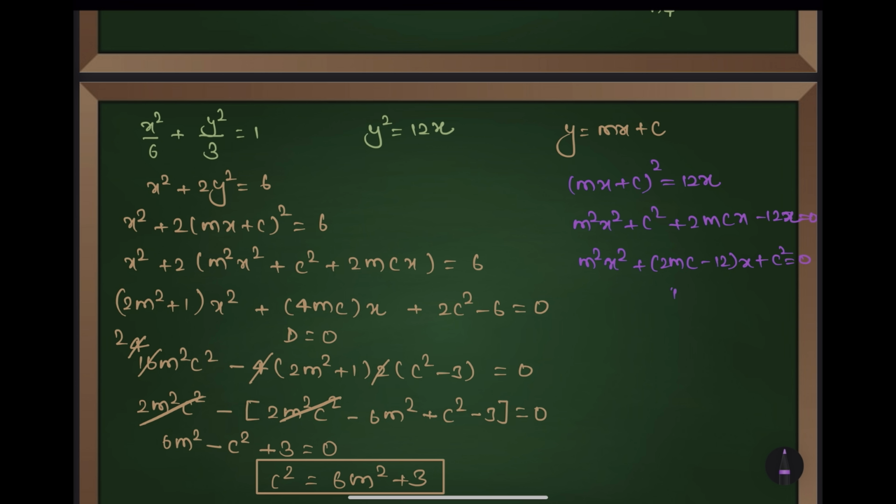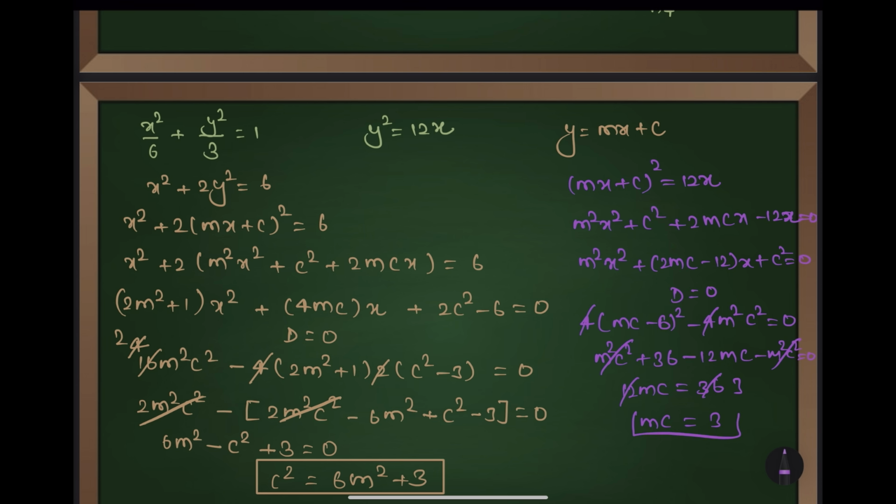Now it's a tangent, so D equals 0. That is b square minus 4ac; divide both sides by 4. Now let's open this bracket: m square c square plus 36 minus 12mc minus m square c square equals 0. So m square c square is gone, and 12mc equals 36. So mc equals 3. We got another equation.